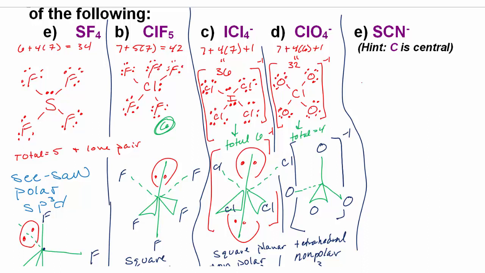Thiocyanate. Hint, carbon is central. So I have 6 for sulfur, 4 for carbon, 5 for nitrogen, and 1 for the charge. So my total is 16. Octets on the surrounding atoms.